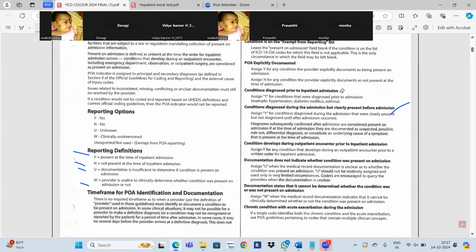I will ask a question. The patient was admitted, but the condition was not showing at the time of admission, though it was clearly present before admission and was only revealed during the hospital stay. Suppose I give an example: the patient was admitted with a motor vehicle accident, and multiple injuries happened.